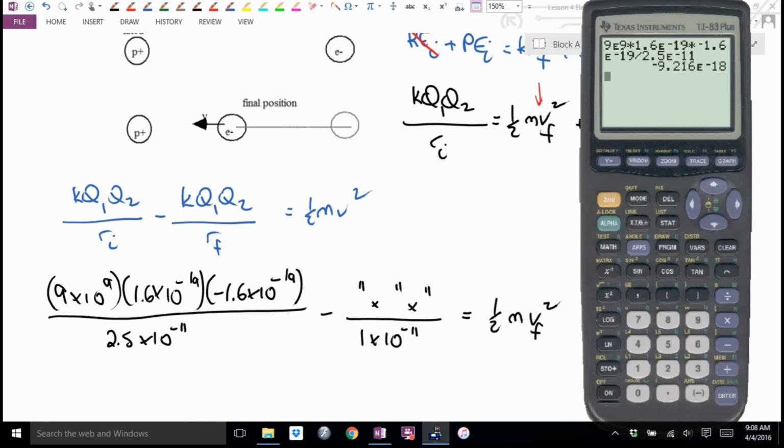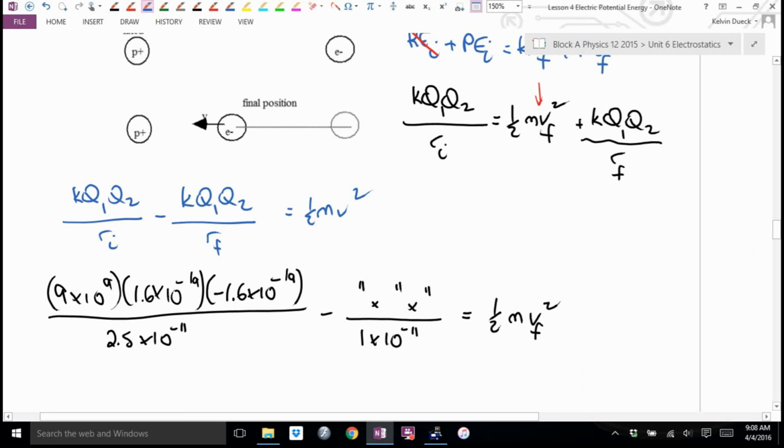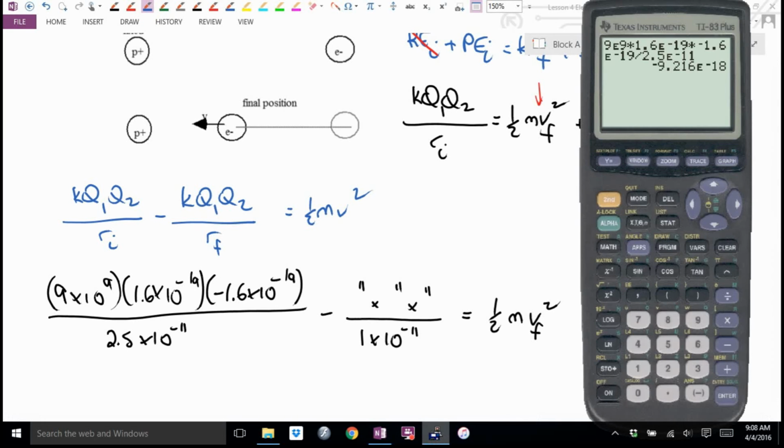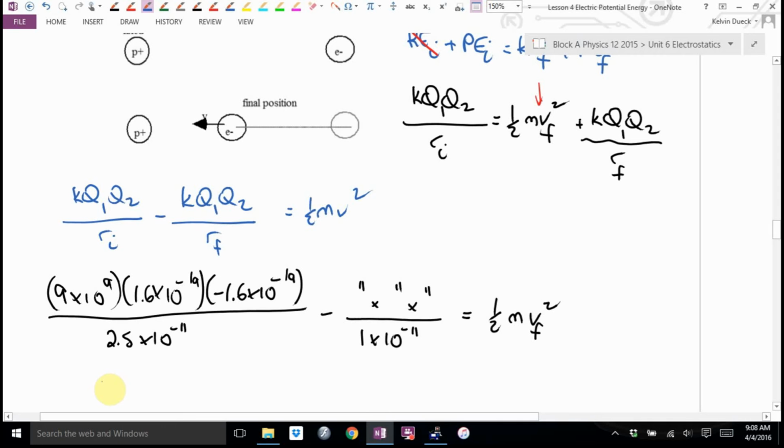For the first one, do you get negative 9.216 times 10 to the negative 18? Yeah. You know what? I'll write down the whole thing. Negative 9.216 times 10 to the negative 18 minus.